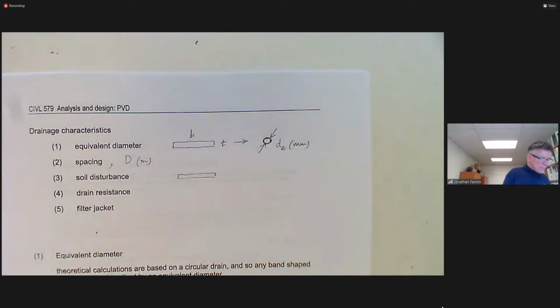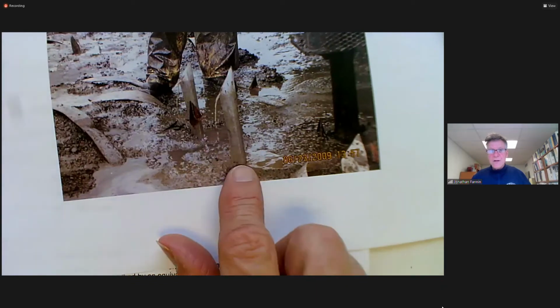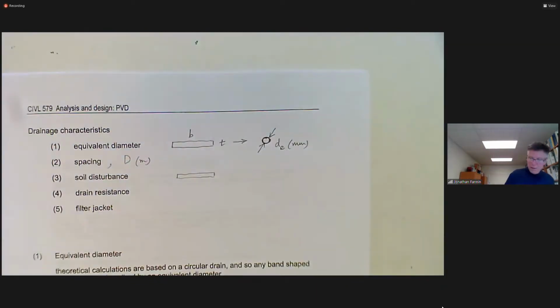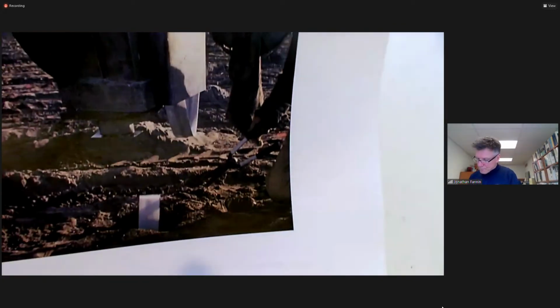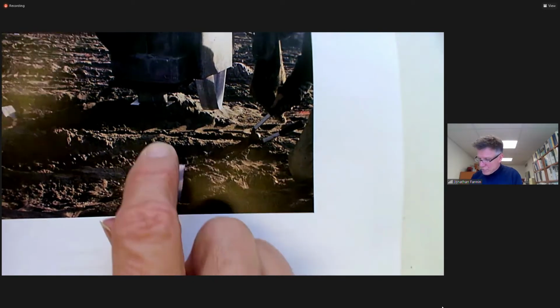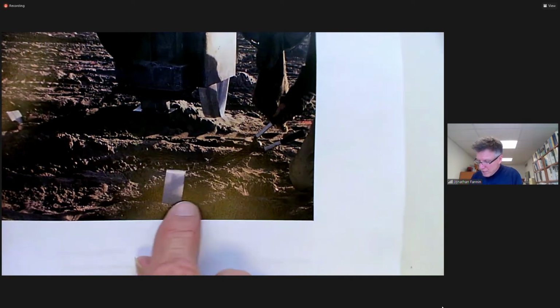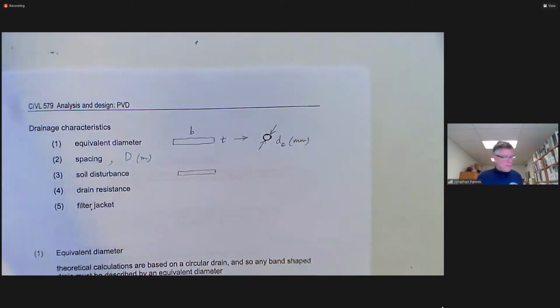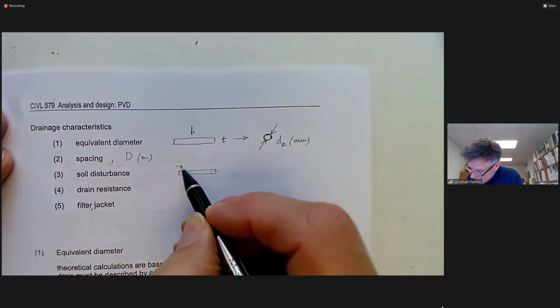Let me go back and pull up one of the photos here. Probably not so much of an issue here because it's such a remolded material in those mine waste tailings. But if we're in soft ground, can you imagine that when you drive this down into the ground and then you withdraw the mandrel, you'll likely have remolded and reworked a bunch of material around the outside.